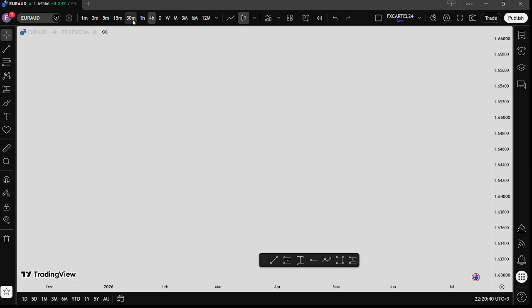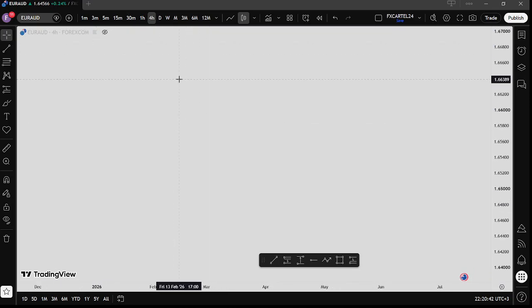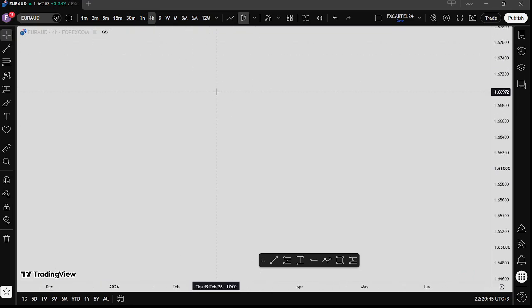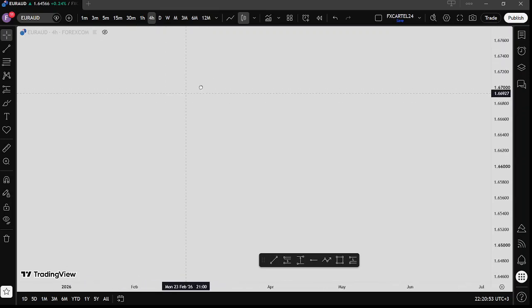However, the first assignment is you download the application on your phone. It is called MT5. You can go to your Play Store or Apple Store and pick it up from there.